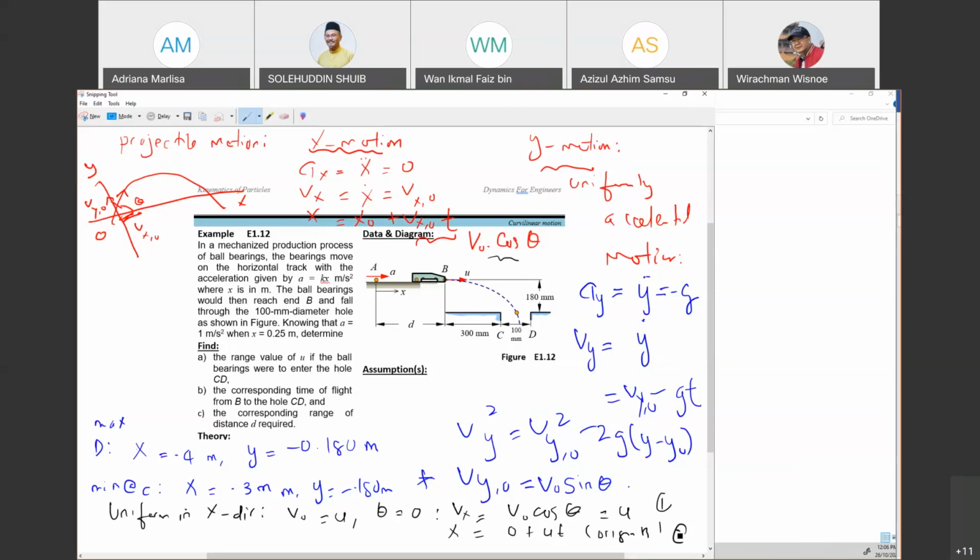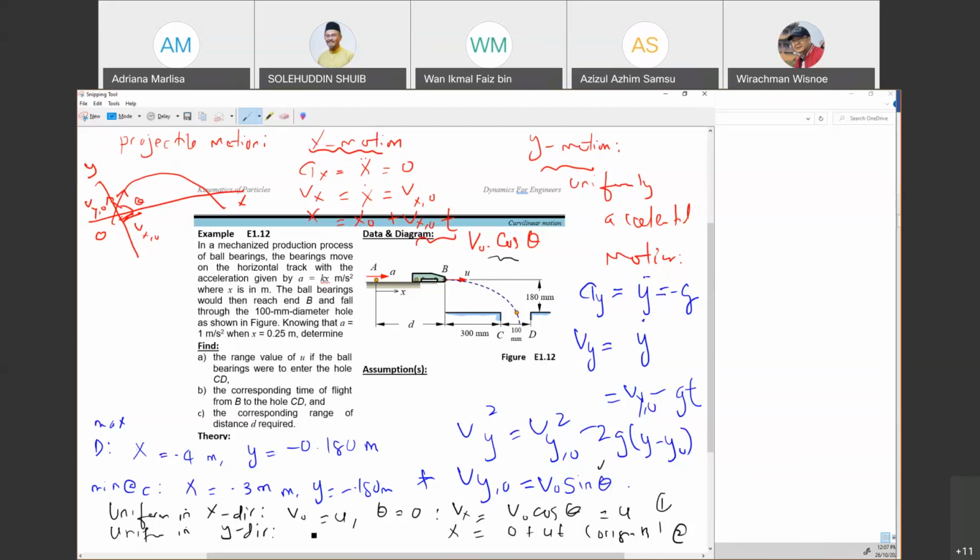Same thing for y lah, for y, same thing for y. So you solve for y as well. Tadi untuk x direction, untuk y direction pun same thing. You apply equation yang cosine tadi, sine tadi, pakai yang ni.